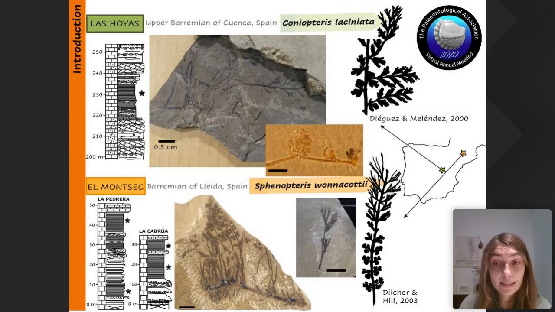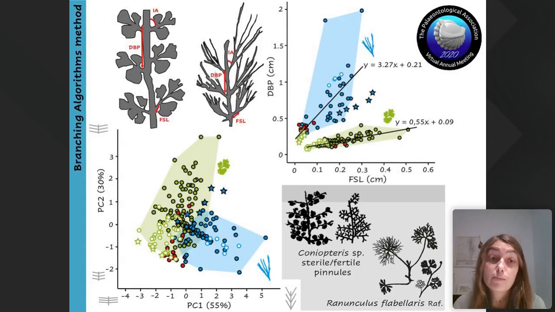In order to test this and make sure that we have the same plant, we did some architecture analysis using the branching algorithms method, which uses the distance between pinna, dBp in the image, the first segment length, FSL on the image, and the insertion angle of each pinna.